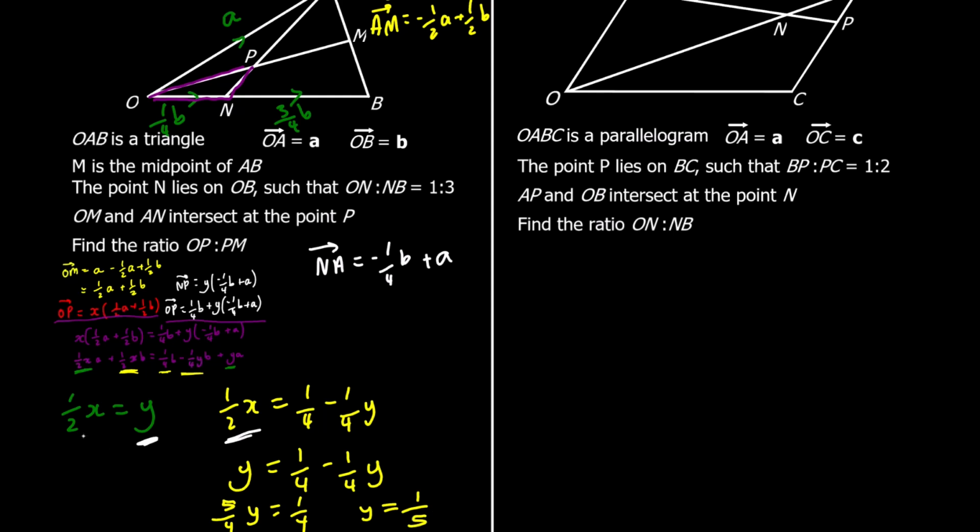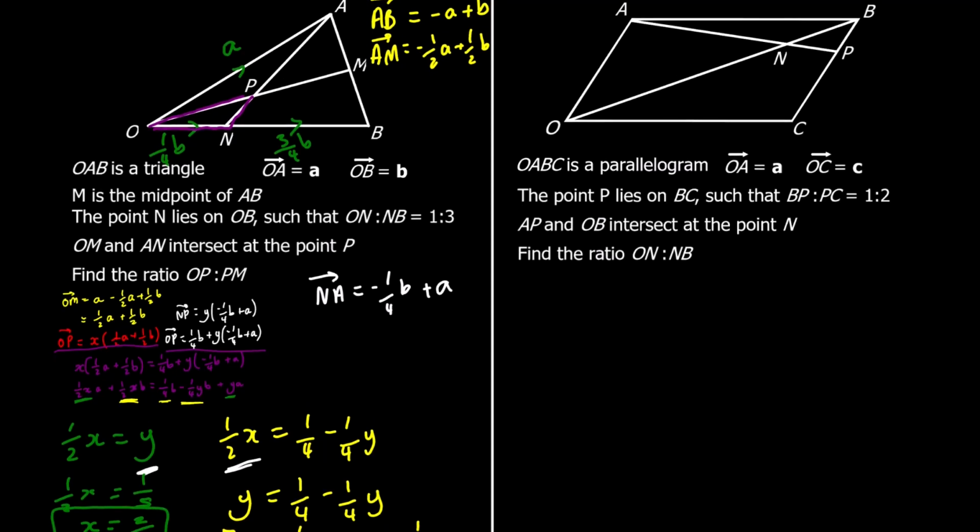What is x? Half x equals y. So if y is 1/5, half x equals 1/5, x must be 2/5. And x is what I wanted. I want the ratio OP to PM. X is the fraction of O to M that I wanted.